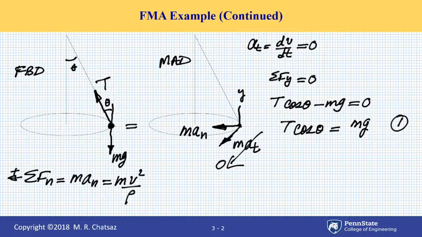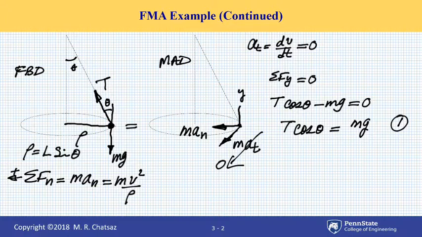Note that radius of curvature is the same as radius of the circle, which I label rho, and observe that rho is opposite to theta, therefore rho is L sine theta.